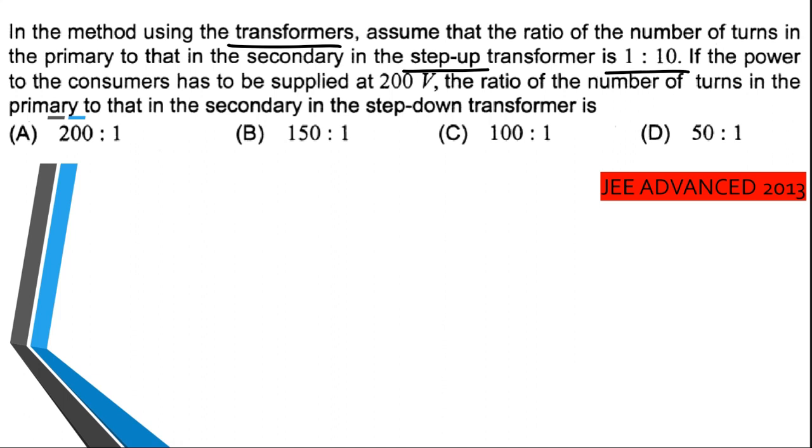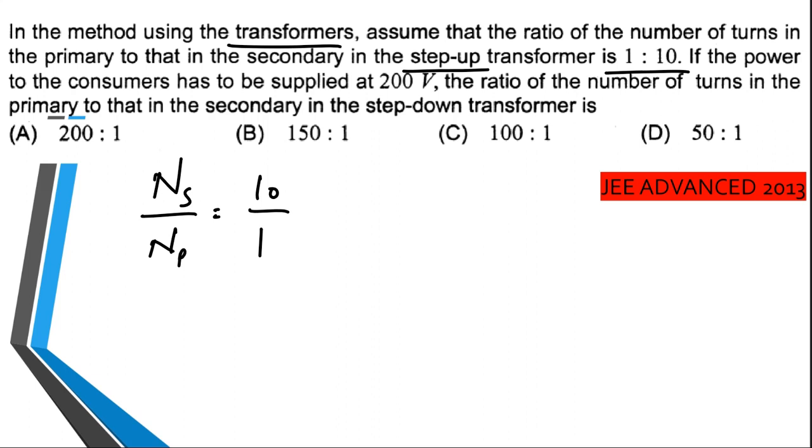So it is basically given Ns by Np equals 10 is to 1, because if the number of secondary winding would be more, then only you can step it up. If you don't remember, just recall the concept video. Go through that one first.